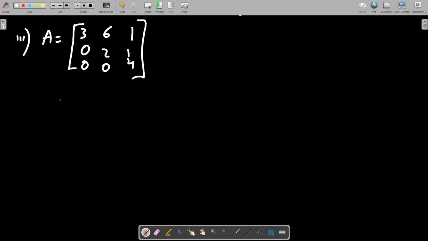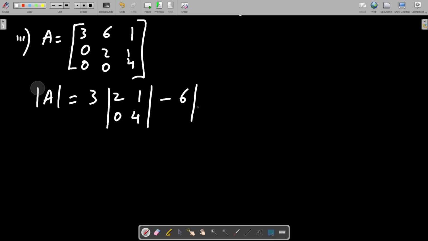So this determinant of A over here will become 3 into this thing will be 2 1 0 4. Okay, minus 6, we'll get 0 0 1 4.